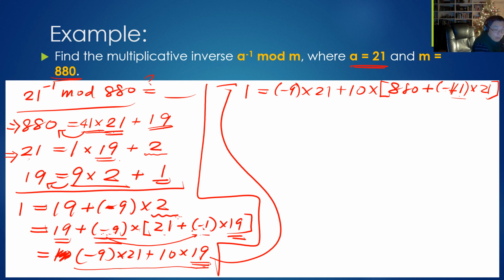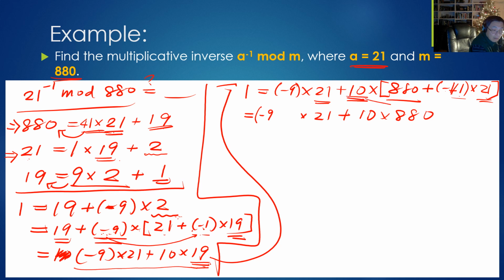So again, we got 21 and a 21 here. Okay, so let's do this. I'm going to put 10 times 880 here, and first I'm going to put the 21 times, what is this? It's minus 9.